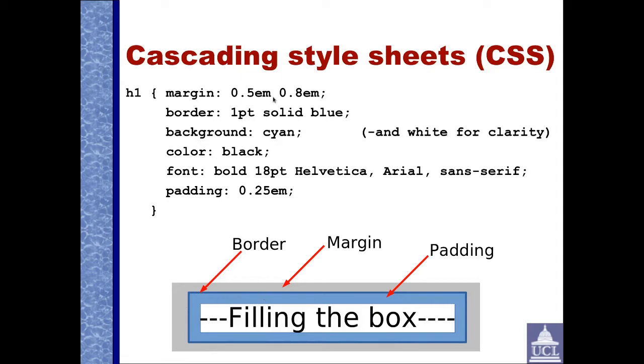And then the margin specifies a region outside the padded box which separates it from anything else. So there's never any content in there except for what's in the background of your HTML page.